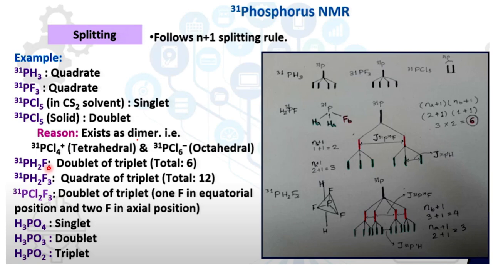Now again, there are two hydrogens directly bonded with the phosphorus, so after that this doublet will be split into a triplet, so that's why it is a doublet of triplet. Similarly, in PH2F3 it will be a quartet of triplet. Since F3, 3 plus 1, 4, a quartet, and again that quartet will be split into a triplet because of H2, that is 2 plus 1.